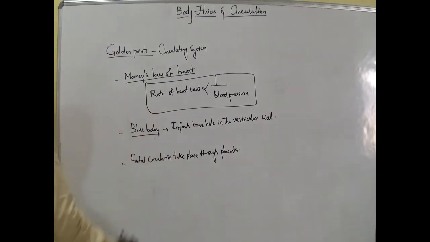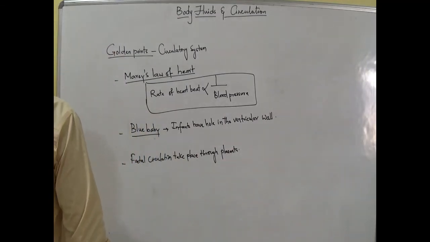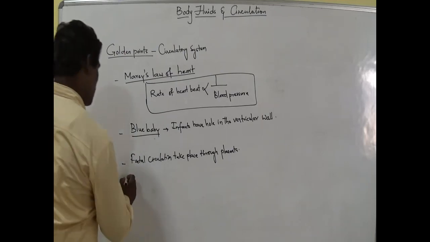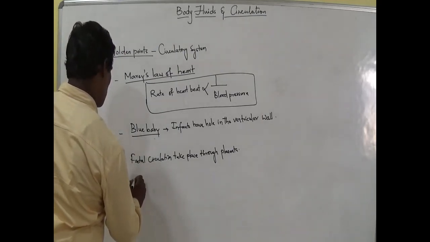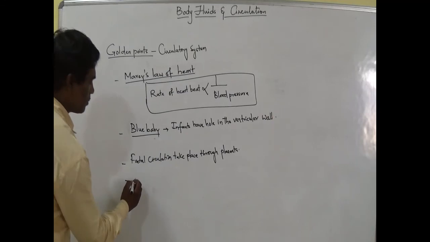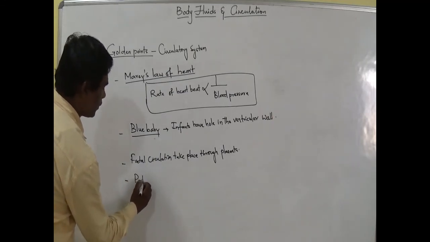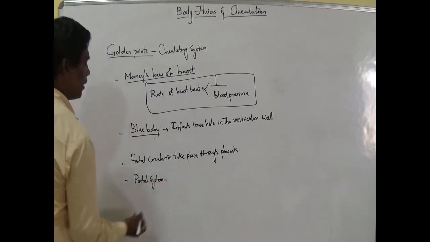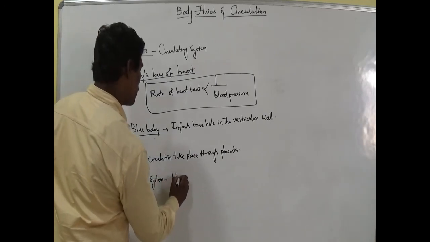This is one more important thing. The next one is portal systems. Other than the circulatory systems, we have portal systems in the body. A human being has only the hepatic portal system.